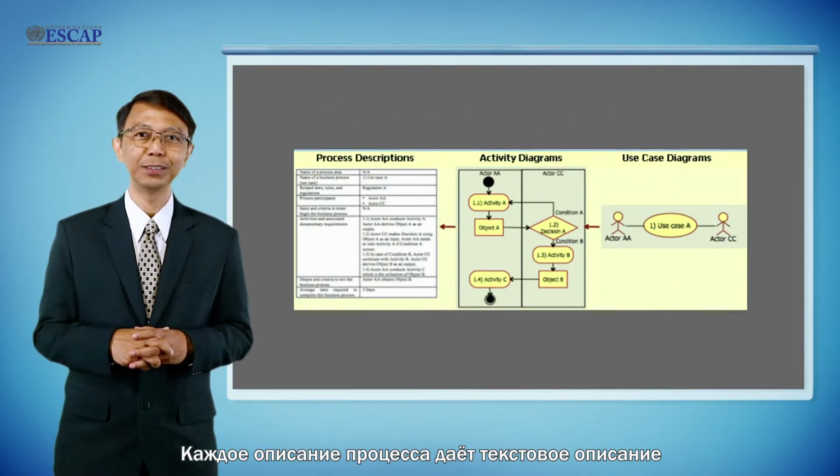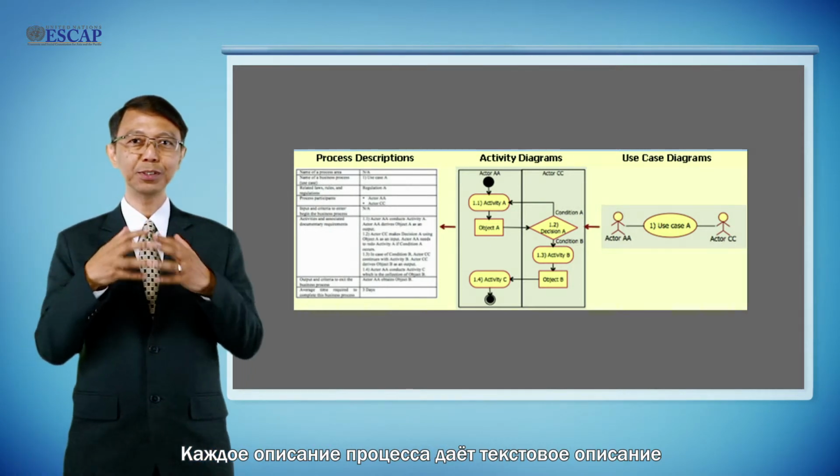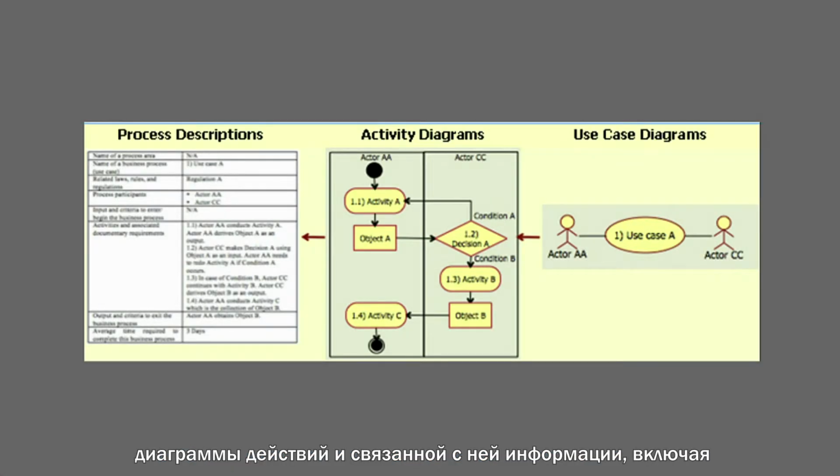Each process description provides a textual description of an activity diagram itself and related information including relevant laws, rules and regulations, documentary requirements, input and criteria to enter or begin that business process, output and criteria to exit the business process, and indicates the average time and cost required to complete these activities.